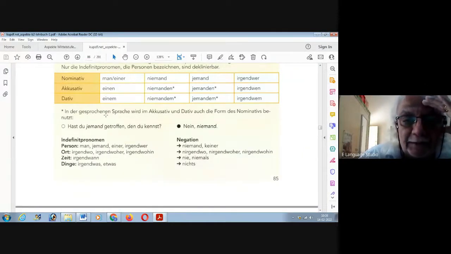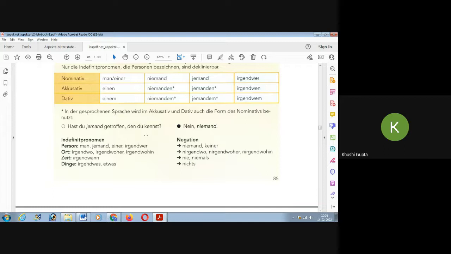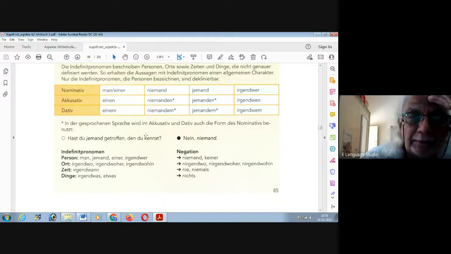In der gesprochenen Sprache wird im Akkusativ und Dativ auch die Form des Nominativs benutzt. Niemanden, jemanden, niemandem, jemandem. Sir, what is the English meaning of einer? Someone. One.